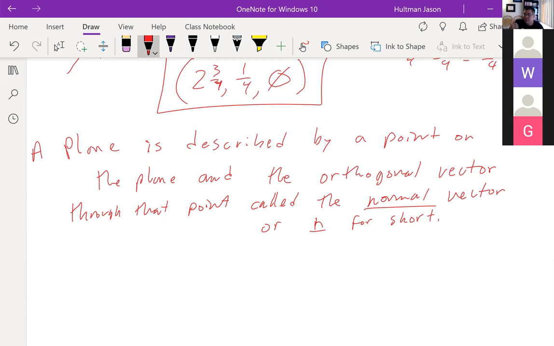So we have a plane, and that plane is defined by a point and the normal vector to that plane. So this is P naught, and that's n.